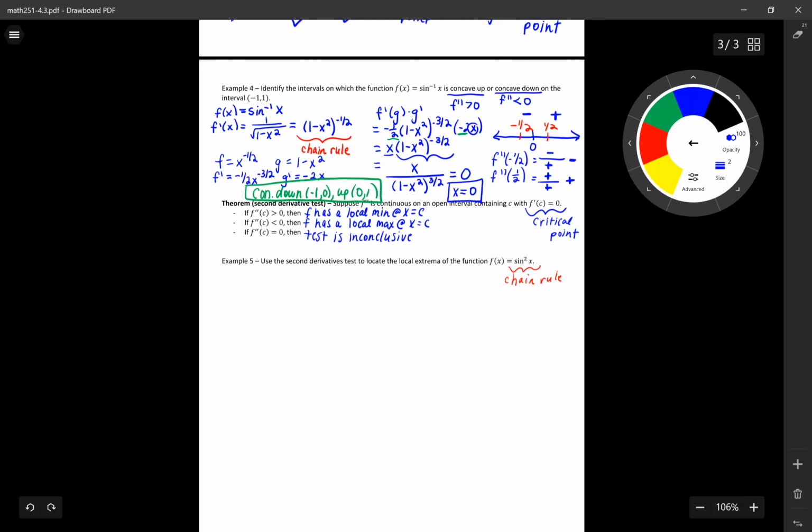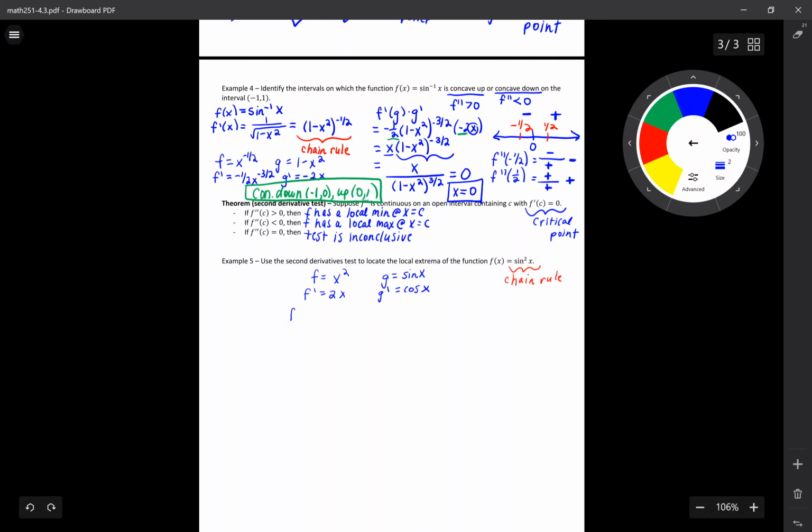So that makes our outer function f equal to x squared, and our inner function g equal to sine of x. That makes f prime equal to 2x, and g prime equal to cosine x.